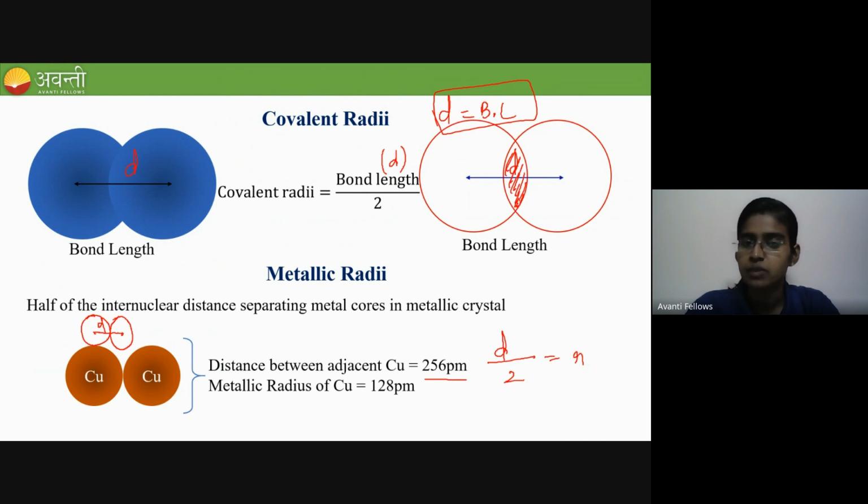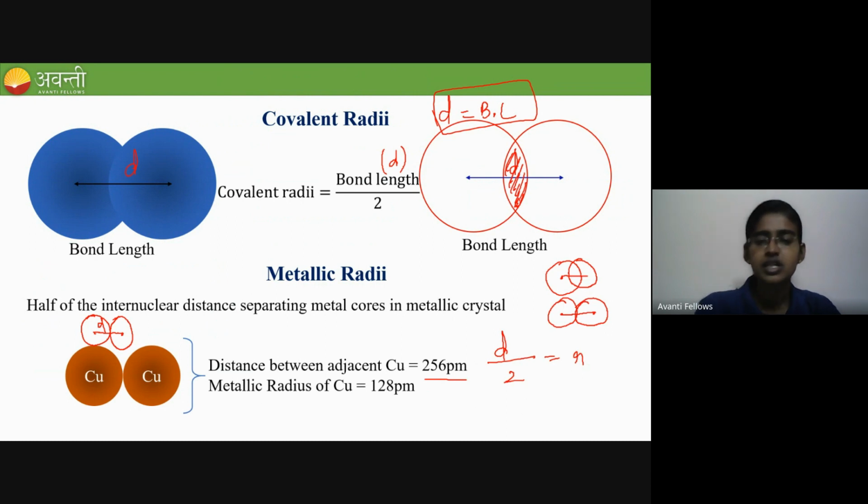Very good. It is metallic radius, because in covalent we have overlapping, but in the case of metallic we don't have such overlapping. So the internuclear distance there will be less, and here it will be a little bit higher than the first case.